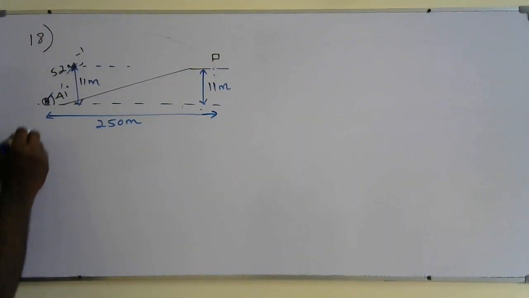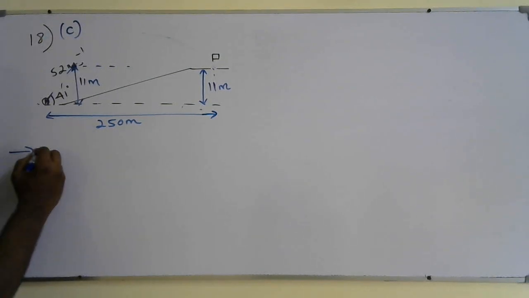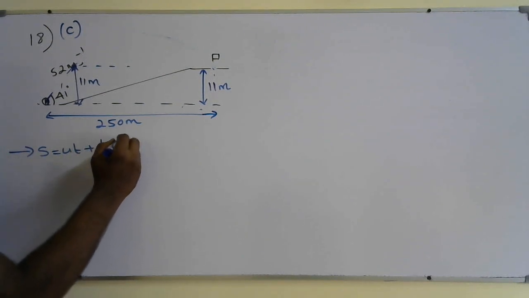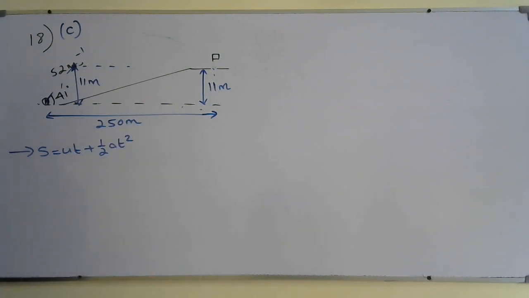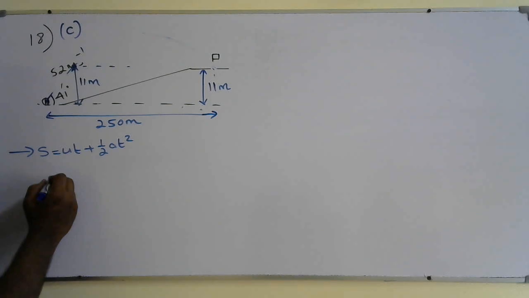So this is the answer for C part. Horizontally use s equals ut plus half at squared. We neglect the drag force. So horizontally there is no acceleration, so that term will become 0. So we will get the horizontal range.